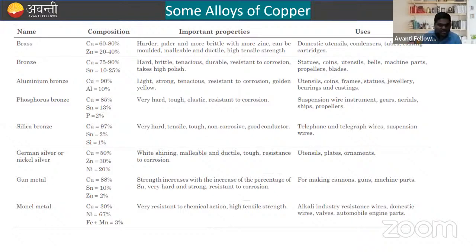Then phosphor bronze, silicon bronze, and German silver or nickel silver. This is very important.